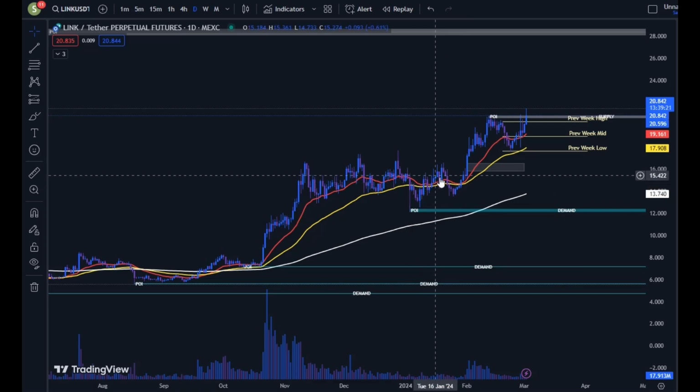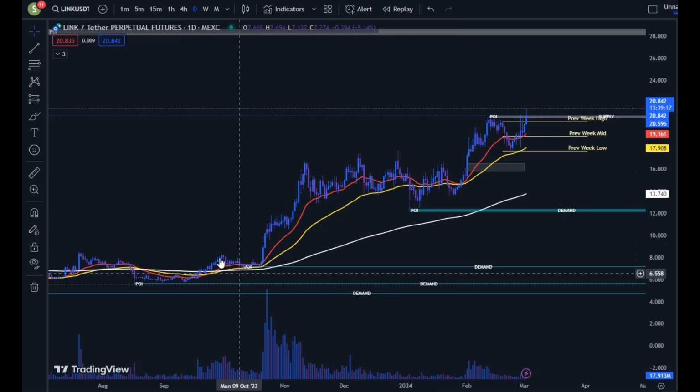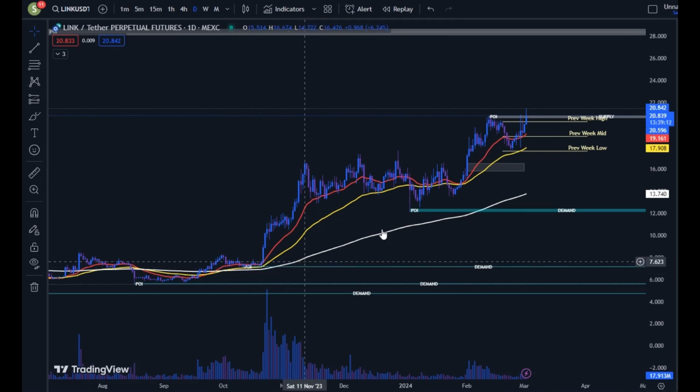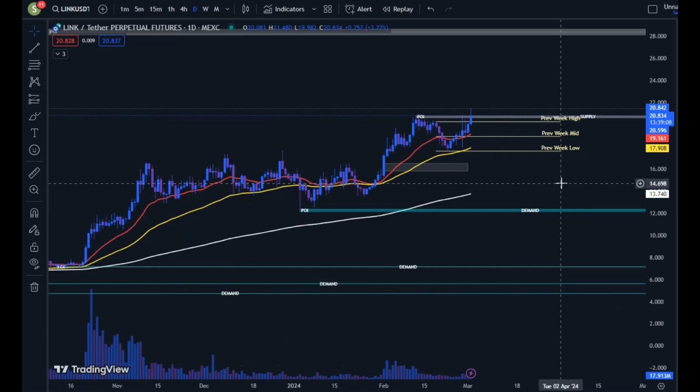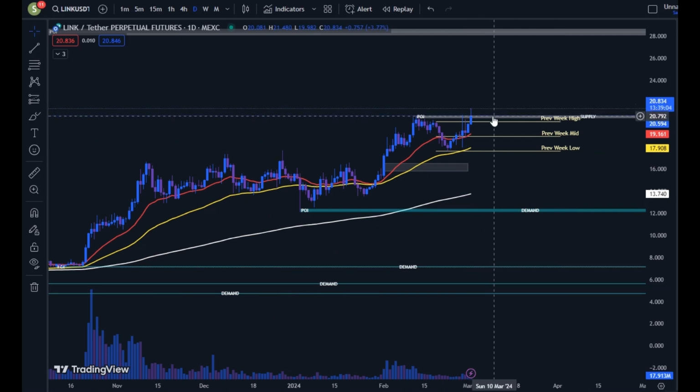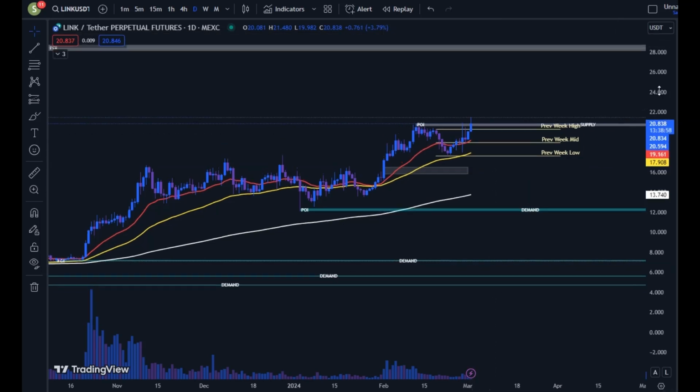It held the 20 all the way along here. I know it did come under, but because that 200 EMA, MA is underneath, you've got a lot of bullish momentum again. You want to see Link hold $20 at the support area now and carry on.